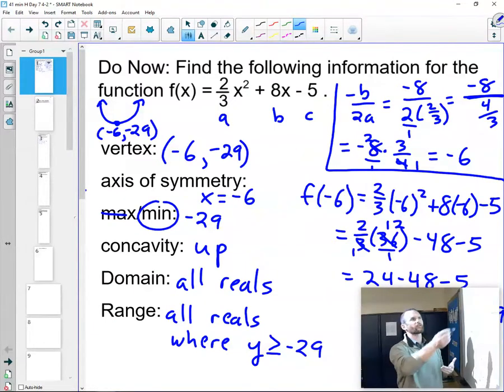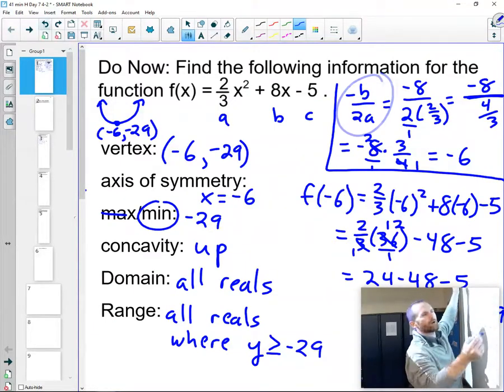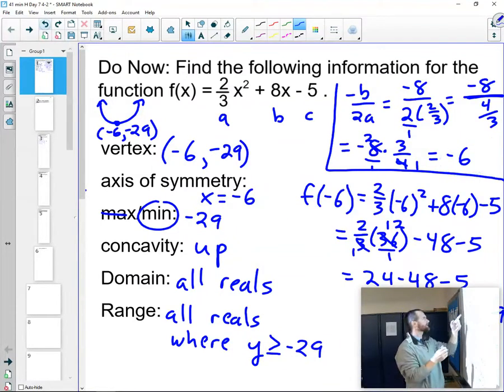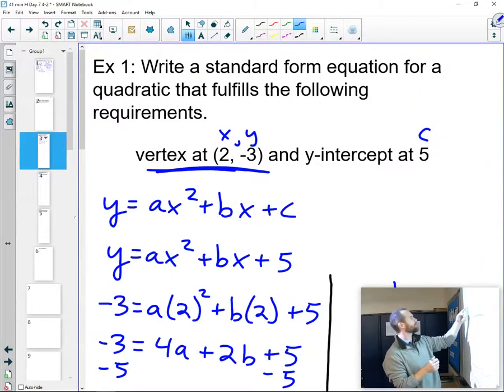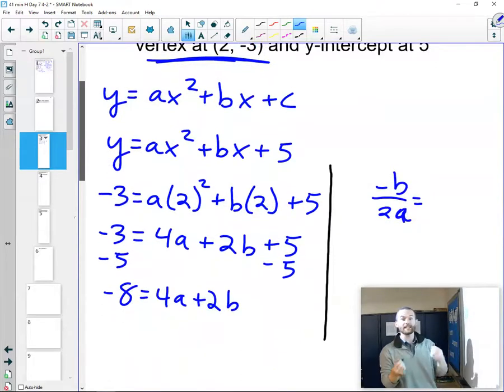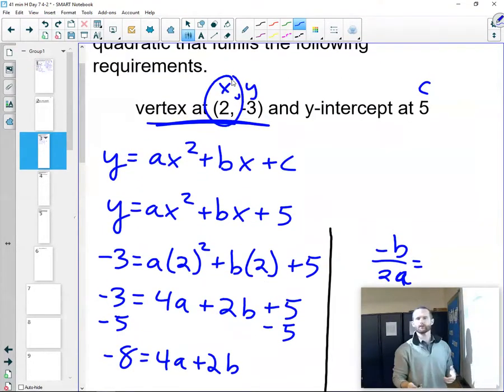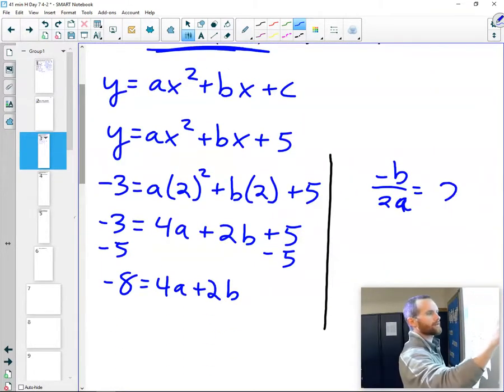Well, in the warm-up, we used -b over 2 right here to get our -6, to get the x coordinate of the vertex, which means here, in example 1, this -b over 2a is going to equal whatever the x coordinate of the vertex is, and look at that. They give that to us. So -b over 2a is going to equal 2 in this case.